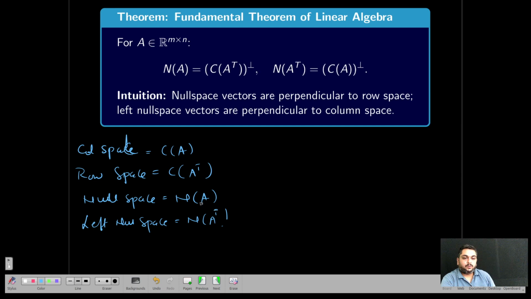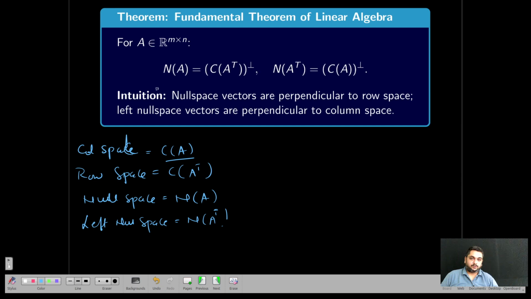Now, what is the relation between them? You already know from the rank-nullity theorem that rank, which is the dimension of the column space of A, plus the dimension of the null space of A is equal to the number of columns. What is the relation between the column space of A and the null space of A?